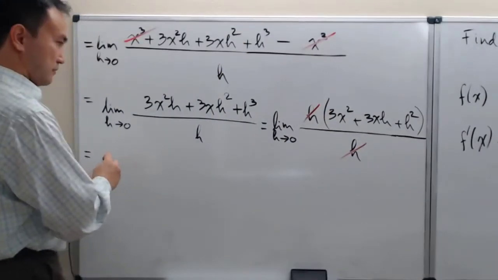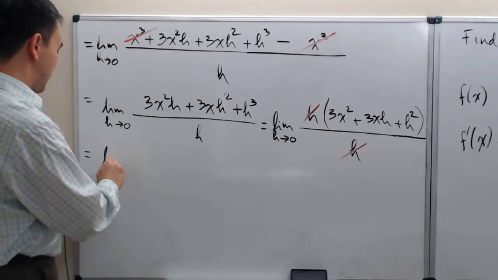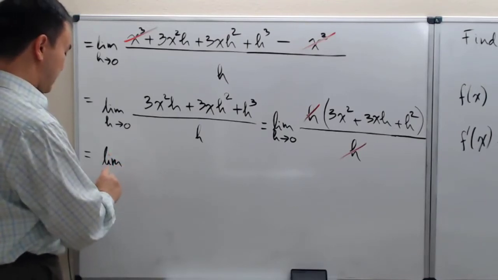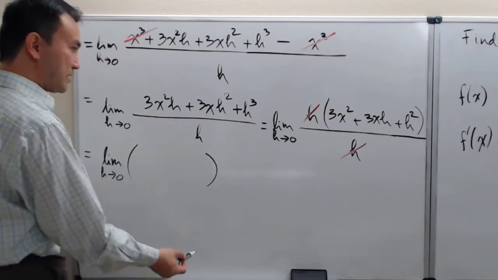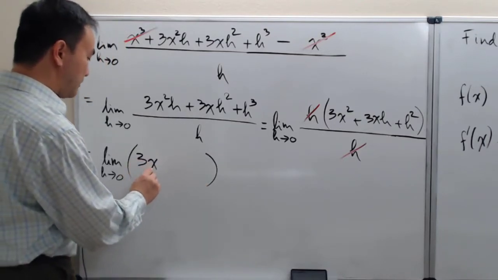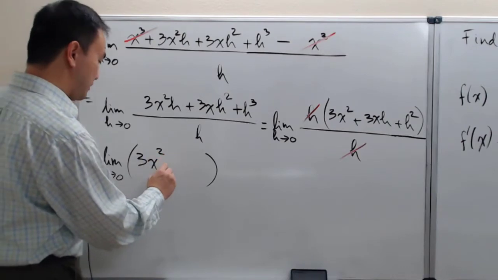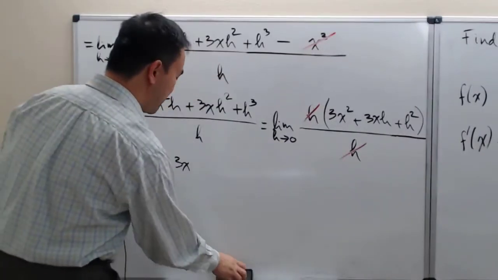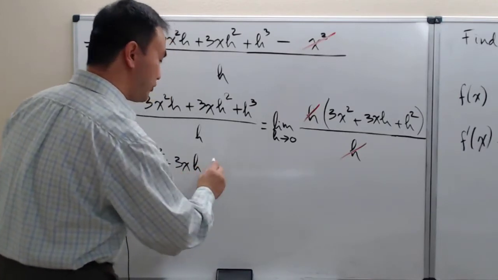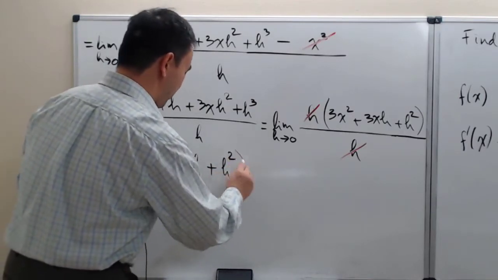And so our resulting expression is still the limit problem as the main problem, but we haven't done any of that yet. Our expression keeps being simplified down, so at this point we're looking at 3x squared plus 3xh plus h squared.